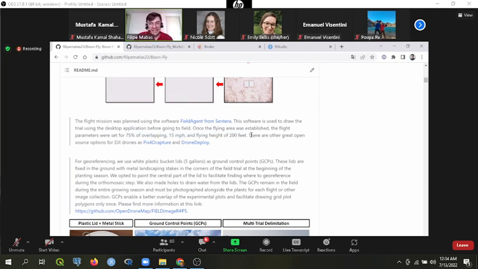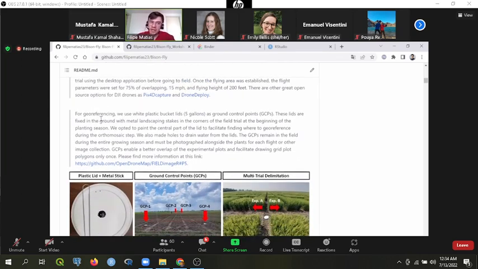Again, these are good parameters when you are extracting averages per plot. If you need to see, for example, tillers, count stand count or diseases, you need way more. For example, you need to fly way closer to your plants and way slower. Okay, so just pay attention to this.